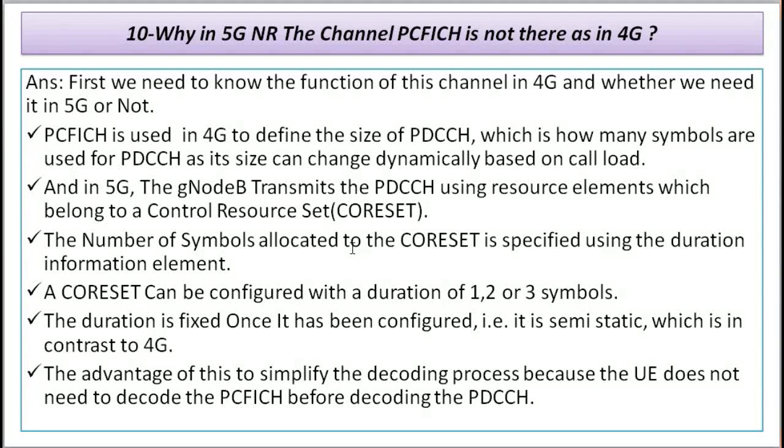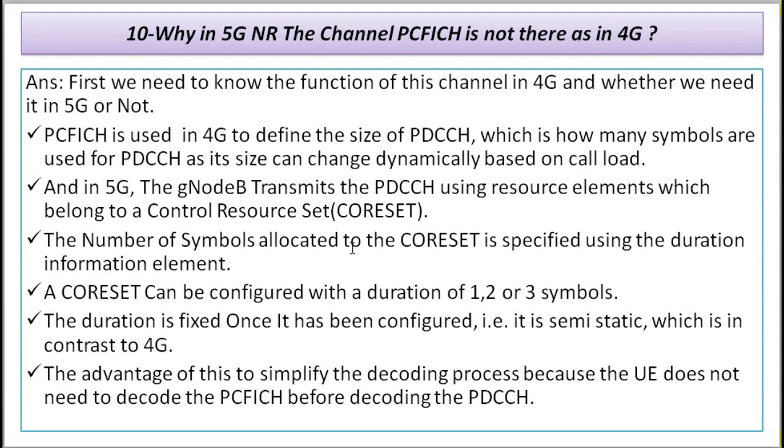PCFICH is used in 4G to define the size of PDCCH, which is how many symbols are used for PDCCH, as its size can change dynamically based on cell load.